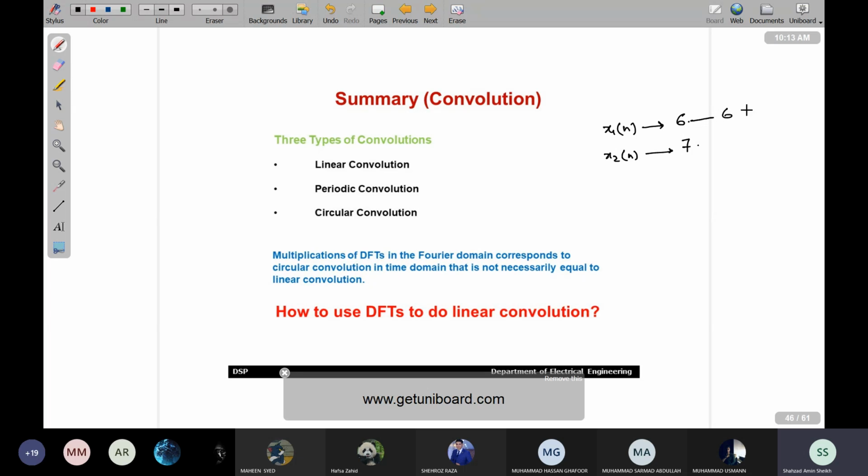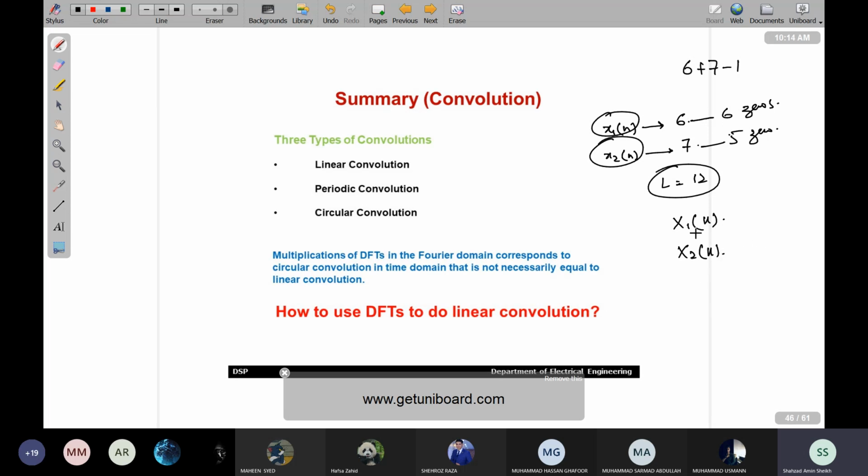So I will be padding 6 zeros to the first, and for the 7-point one, 7 plus 5 zeros, making it 12. So now I will be making both of these sequences of length L, where L is equal to 12. I will be taking x1 of k as 12 point and x2 of k as 12 point, with point by point multiplication in the frequency domain.